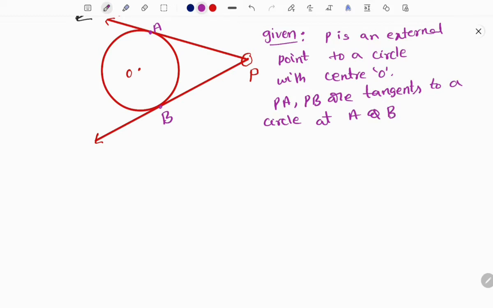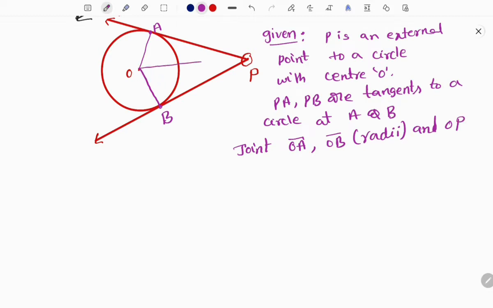Now join OA and OB. What about these OA, OB? Both are radii. And now we can join OP also.